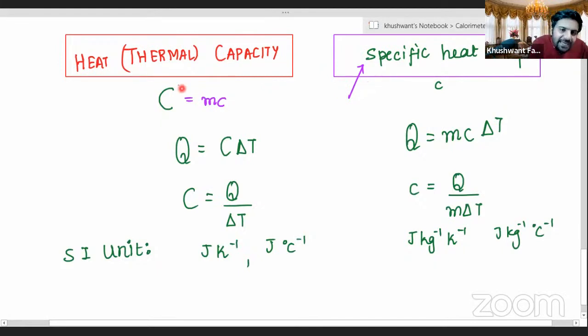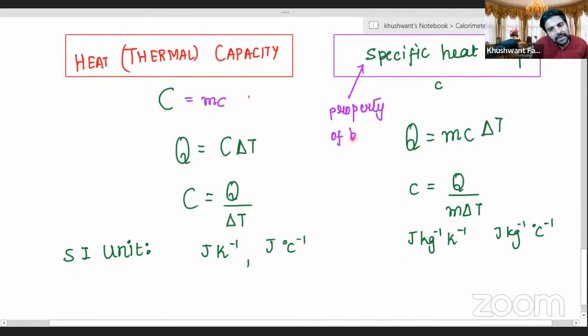Whereas this thermal capacity will be different for different masses. अगर आपने 1 किलो का कोई suppose iron ले लिया, so 1 kg of iron will have a different thermal capacity than 100 kg of iron, right? It will have a factor multiplication of 100 का difference. अभी this is what the logic is. This is the property of the body.